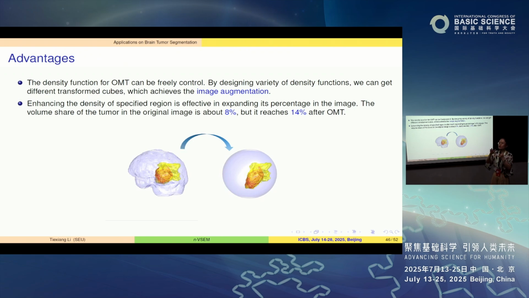If you set the density to 10, the tumor will be enlarged too much, and other useful information will disappear. So there is a trade-off. A larger density does not guarantee a better result. You need to tune the parameter to get the best performance. Usually we set 2 or nearby 1.7.